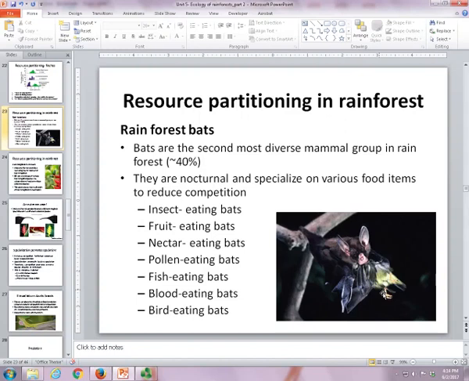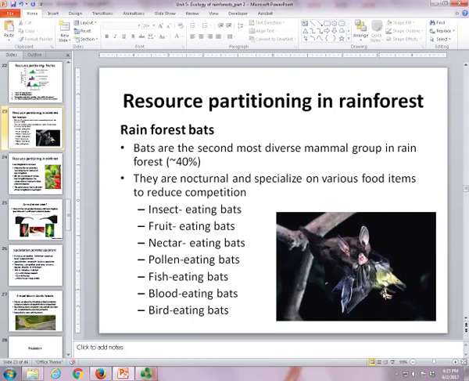What they did was they specialized on various food items. So we have insect-eating bats, fruit-eating bats, nectar-eating bats, pollen-eating bats, blood-eating bats, bird-eating bats. There's so many different kinds of bats, and they have very specialized feeding habits, so they can avoid competition.